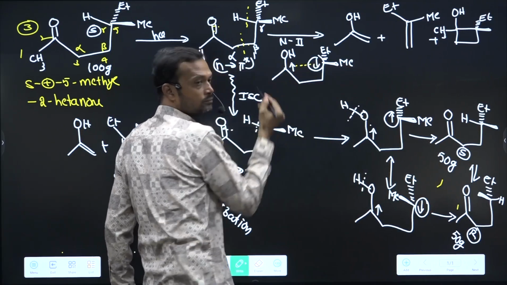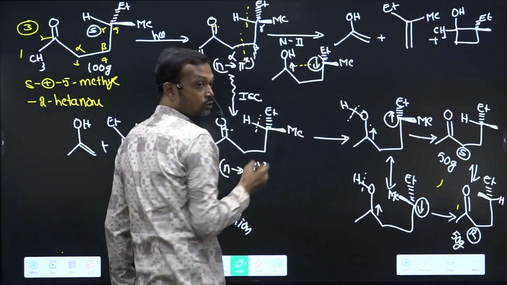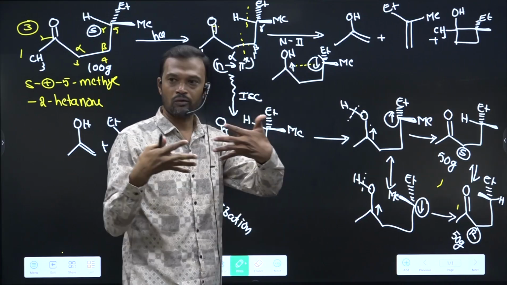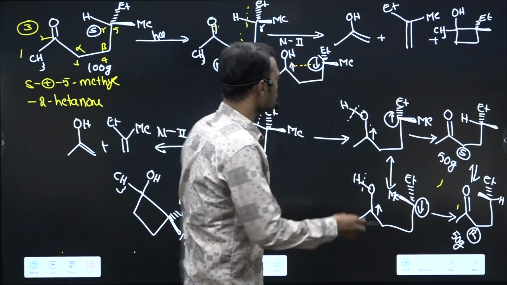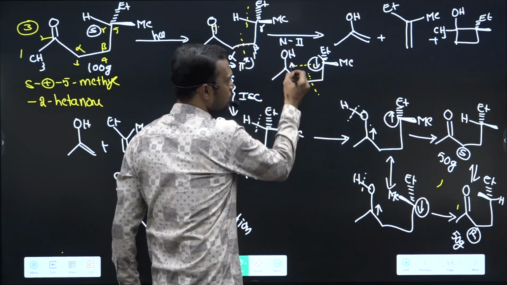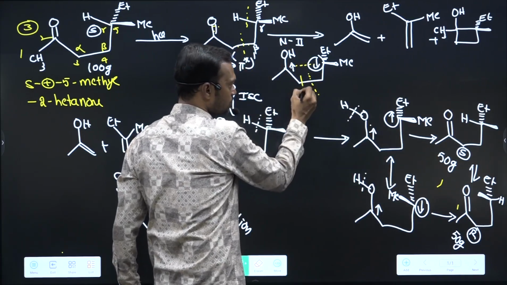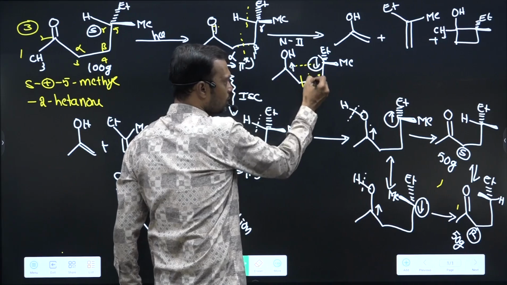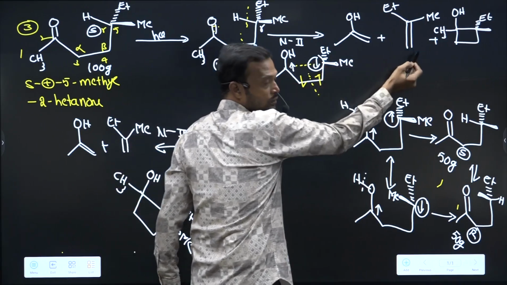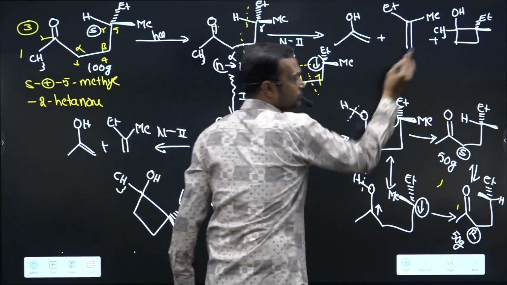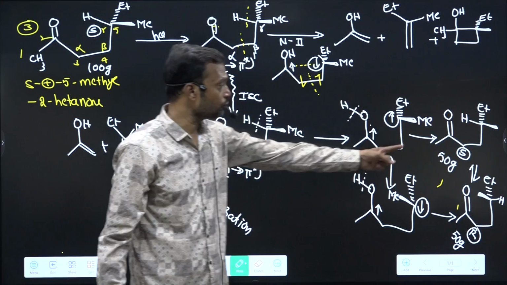Focus on this electron. This electron has opposite spin or not? When two have opposite spin, directly they will combine. If they combine, you will get this. And if they dissociate, clockwise, anti-clockwise, and here anti-clockwise, here clockwise. So if these two break together, you will get these two. If these two combine together, you will get these two. There is no formation of racemization.